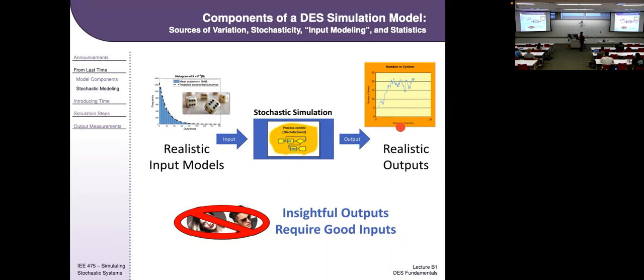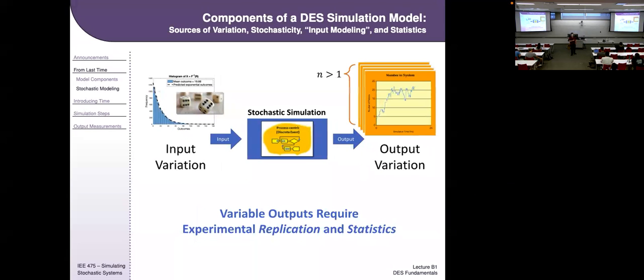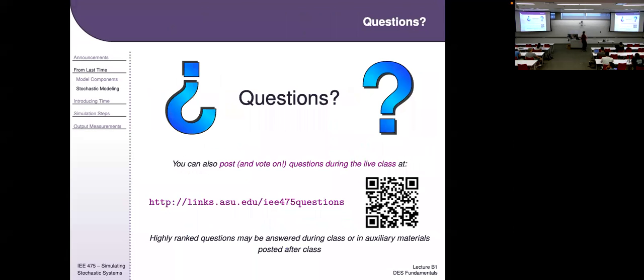And so the good results that you get here may actually be a poor representation of how this is going to actually behave in real life. So we really need to make sure that our input models match reality so that our outputs will match a hypothetical reality. And that's input modeling.